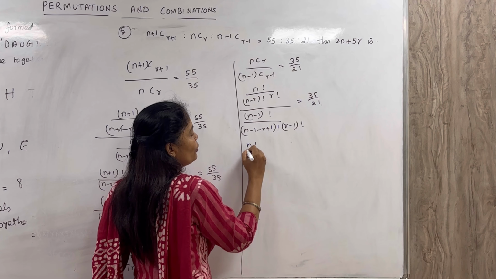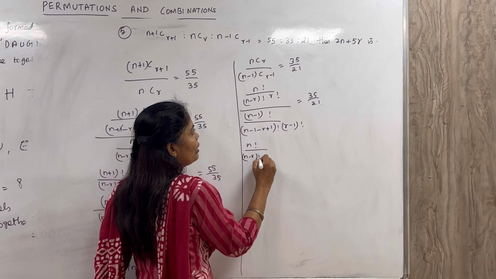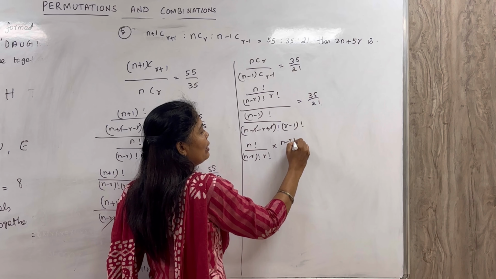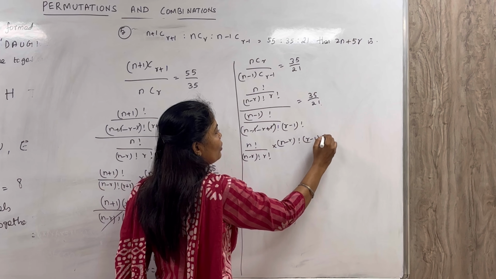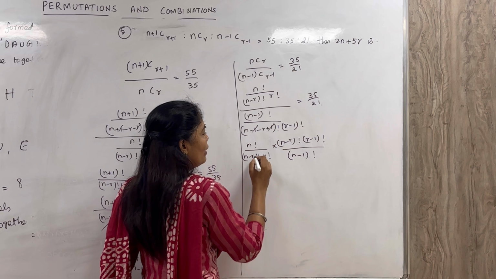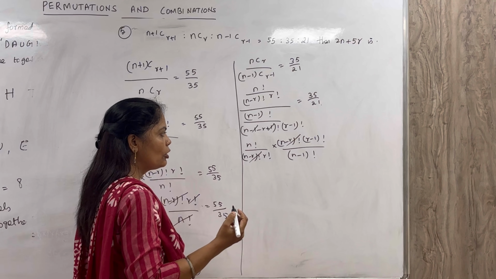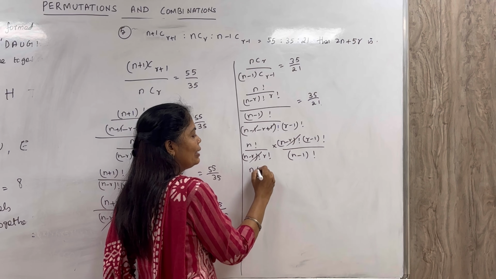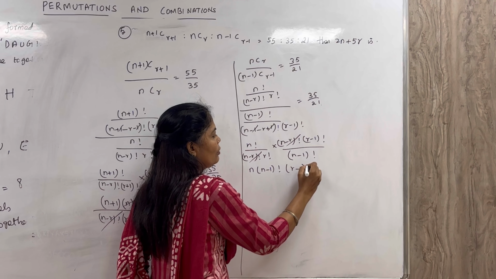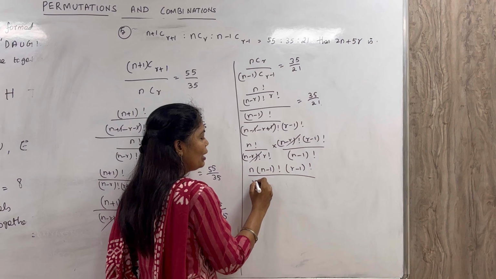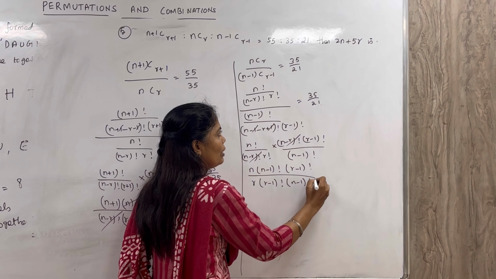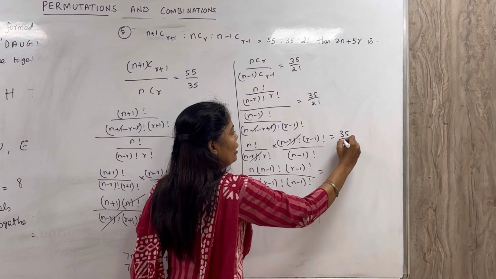Here minus 1 plus 1 will get cancelled, and (n-r) factorial got cancelled. n factorial I can write as n into (n-1) factorial, and r factorial as r into (r-1) factorial.